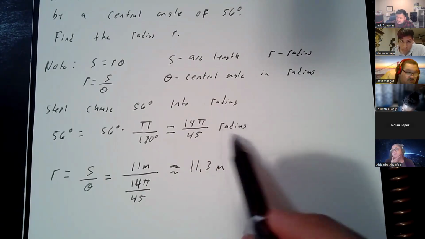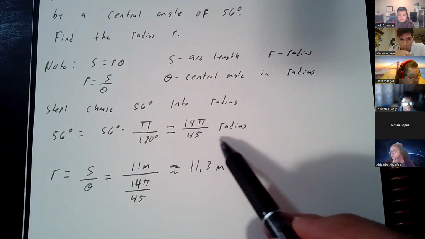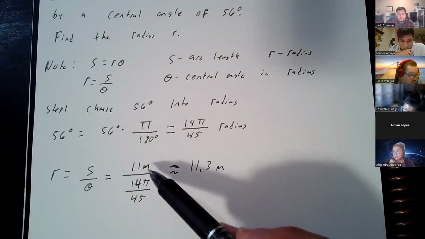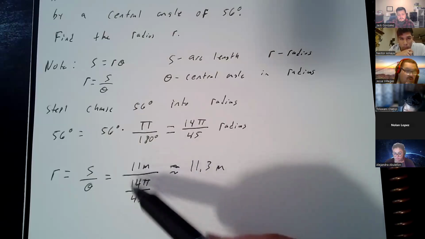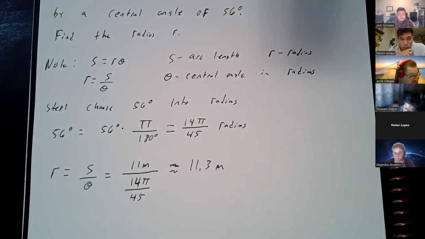So radians is considered to be unitless. Whenever you multiply by something else, you take the other one. So this becomes just meters. If the question asks for S, they've got to give you R and theta. If it asks for theta, they've got to give you S and R, right?